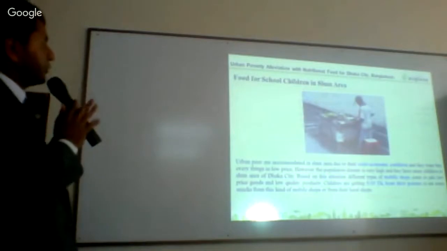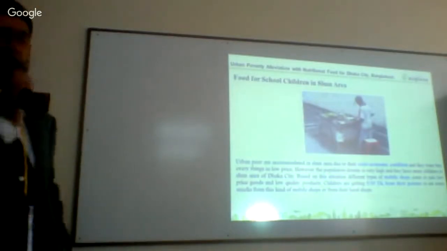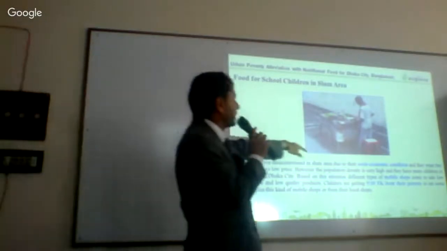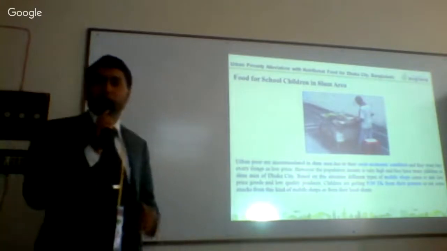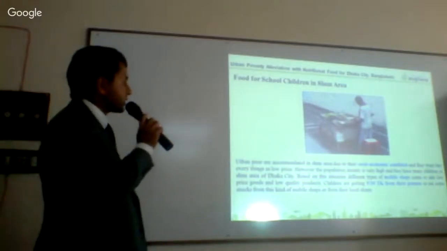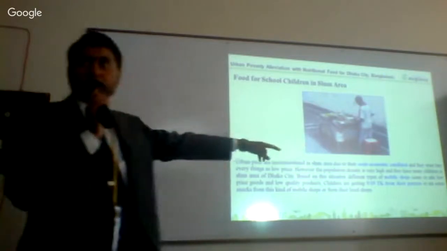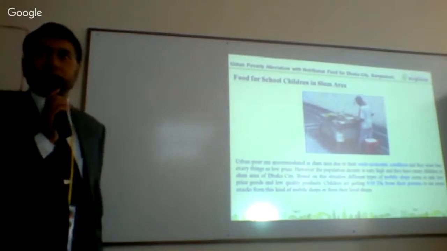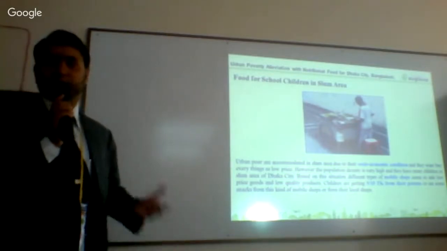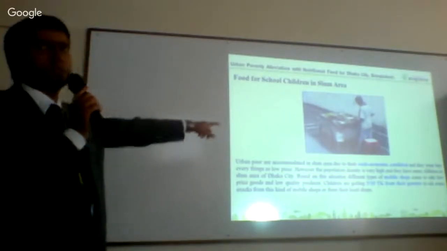Now I'm going to talk about food for school children in slum areas. You can see this kind of shop, which is a mobile shop selling something like Feriola. They take this kind of food every day at school time. Basically, when children go to school, they ask their parents for some money, 5 or 10 taka, and then spend this money on this kind of food.